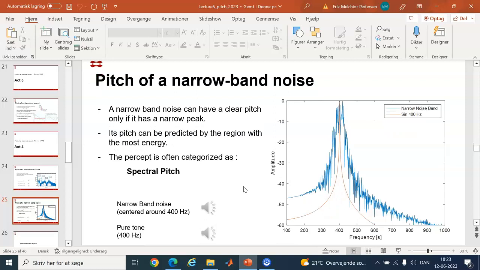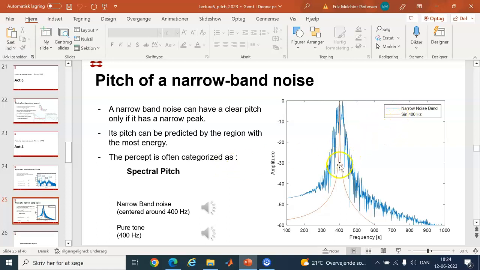Pitch of a narrowband noise. A narrowband noise can have a clear pitch only if it has a narrow peak. Its pitch can be predicted by the region with the most energy. The percept is often recognized as spectral pitch.